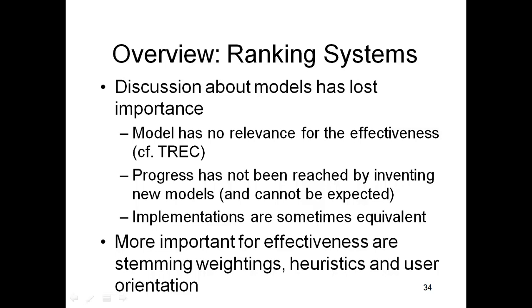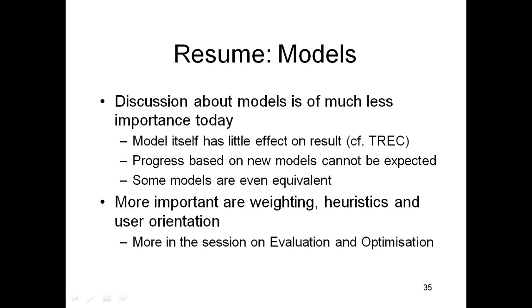We've seen that there are so many parameters in our system that we can change, and these are quite important. And for the user, in addition to the effectiveness of the algorithm, there are a lot of other things that are important. What are the heuristics? What is the user interaction, the user orientation of the retrieval system? There are other things here as well.